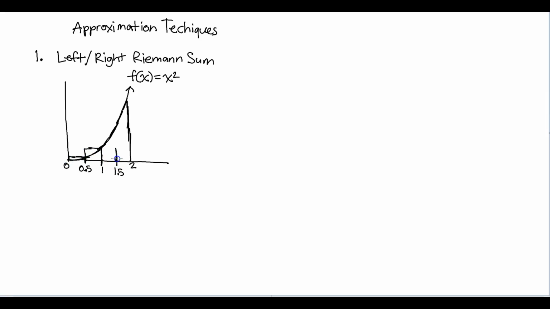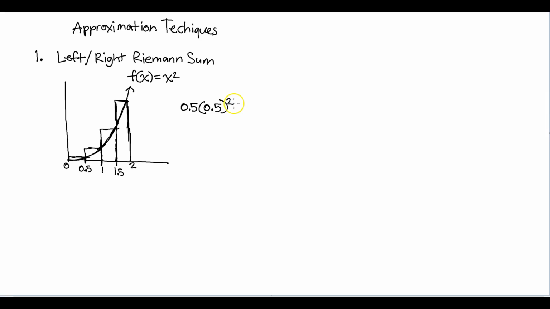Okay, so you want to find the area of these 4 rectangles over here. So the area of rectangle number 1 is 0.5 times 0.5 squared.